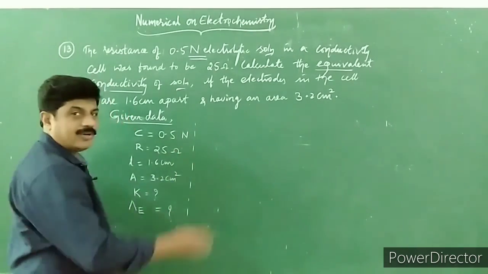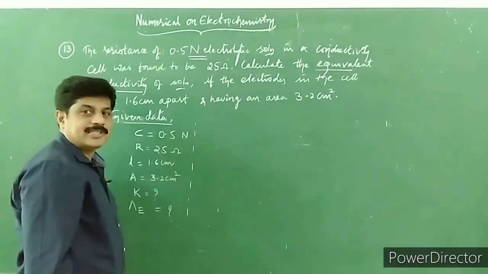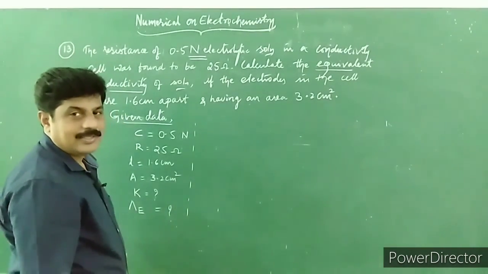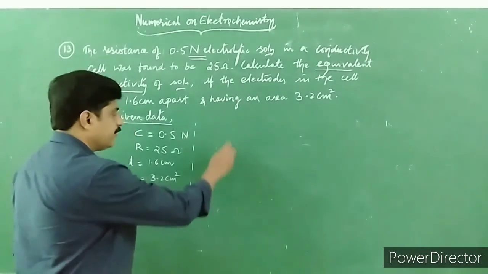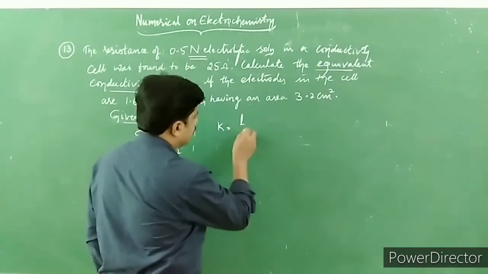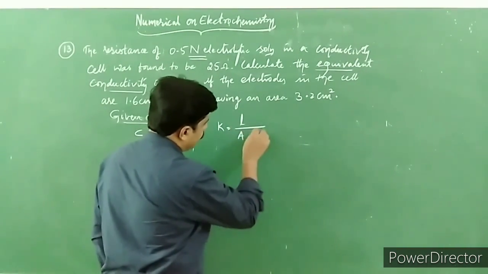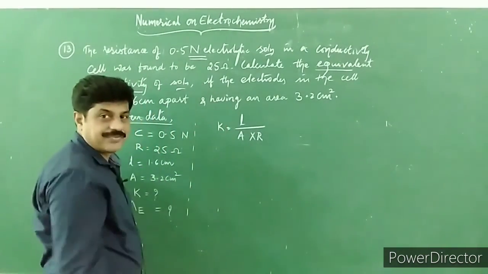Children, again I will not write all that resistance is directly proportional to distance between two electrodes and inversely proportional to area and all. I'll directly write the formula. Children, K is equal to L upon A into R, because we have taken inverse of resistivity.